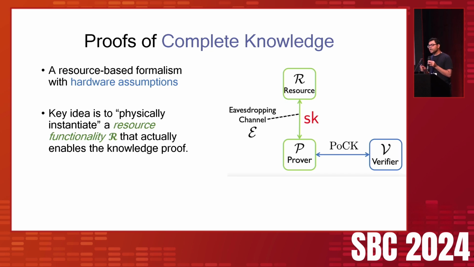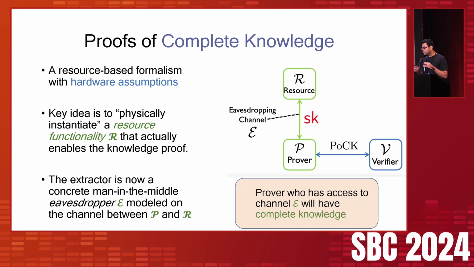So the key idea in this model is to physically instantiate the resource from basically the part of the protocol that enables the knowledge proof to go through. So we have a resource functionality R here that's connected to the prover, who is interacting with the verifier in this proof of complete knowledge protocol.